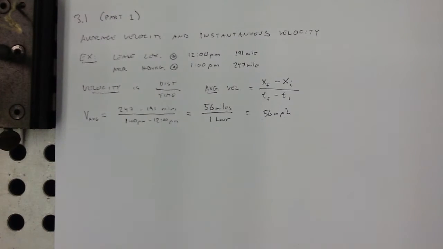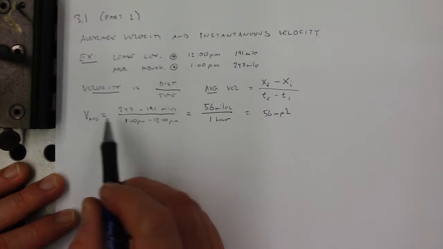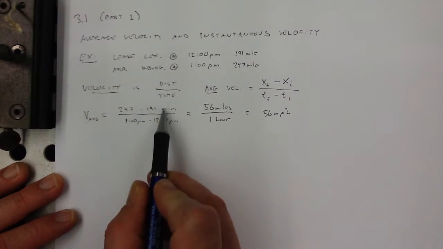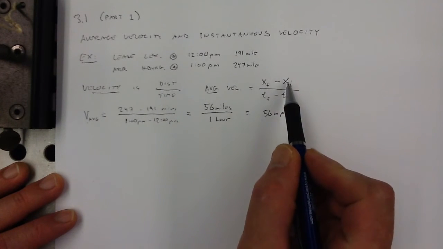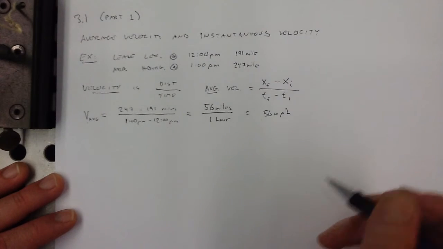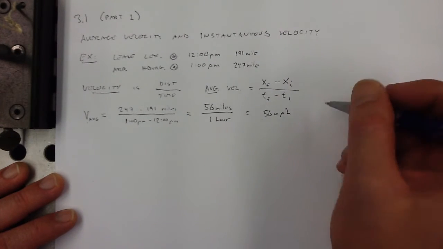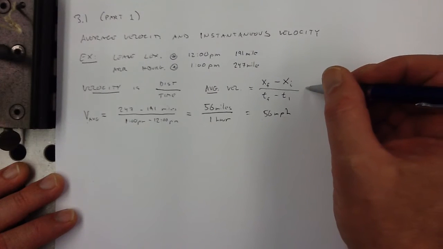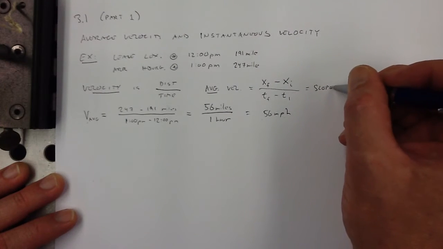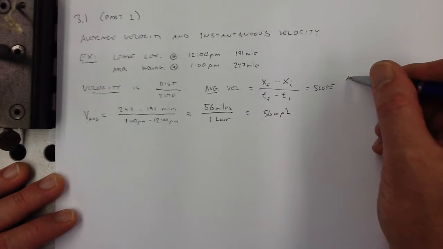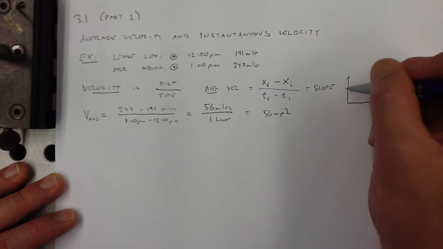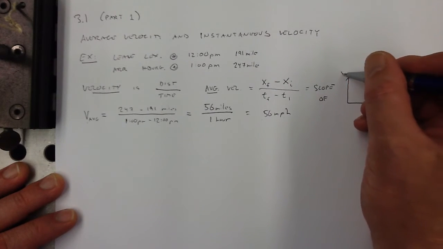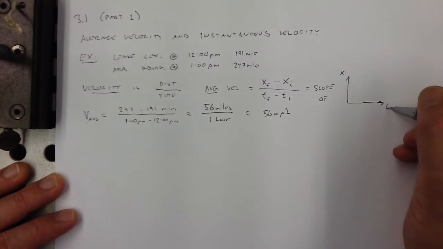So what if we want to actually talk about that instantaneous velocity? How fast is something going right at that instant? Well, let me point out here that your average velocity looks like x final minus x initial over t final minus t initial. That looks an awful lot like slope. And it is, right? It is slope if we're looking at a graph of position, x, versus time.